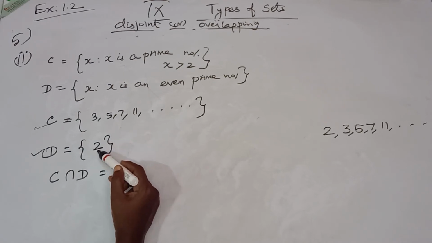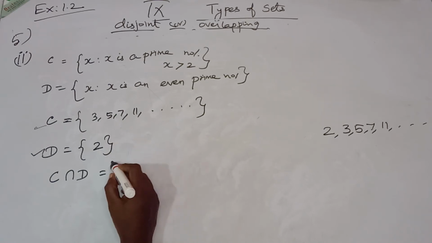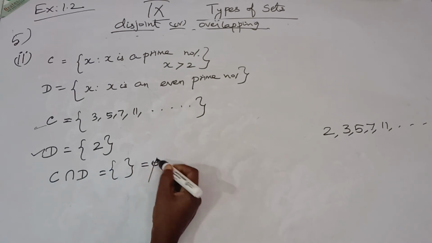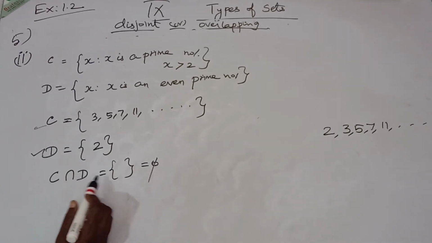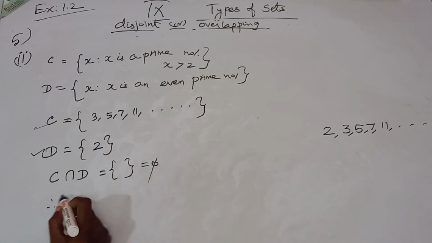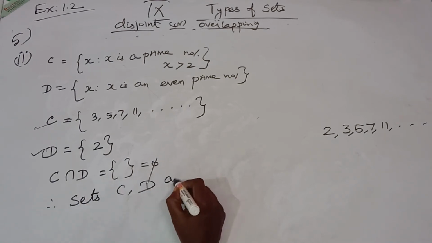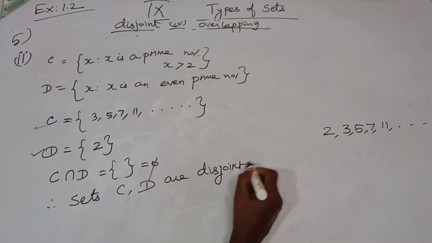Here in D only one 2 is there, so there are no common elements in the sets. So C intersection D is an empty set. An empty set means there is no relation between C and D because there is no common element. Therefore, the sets C and D are disjoint sets.